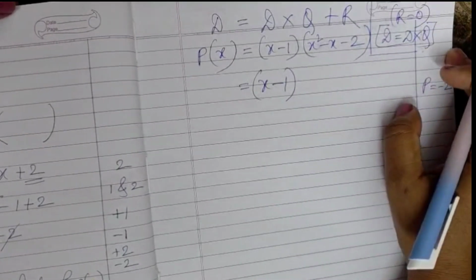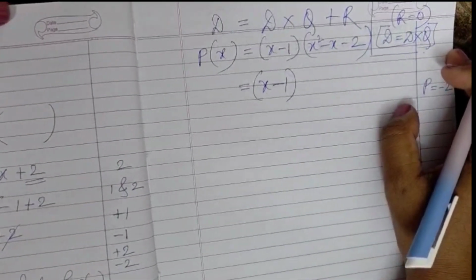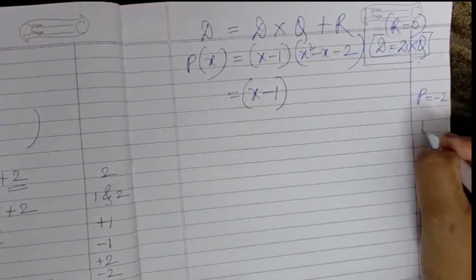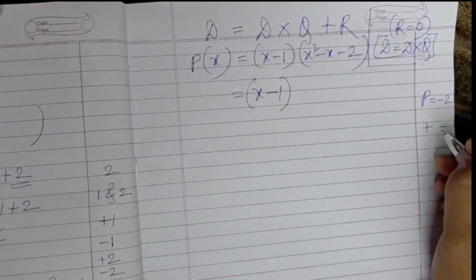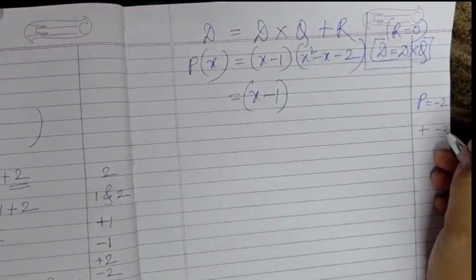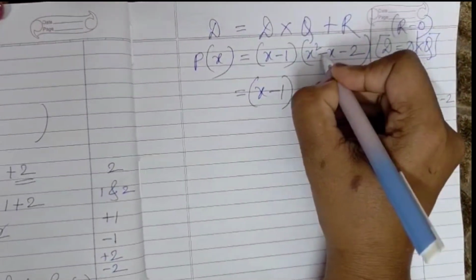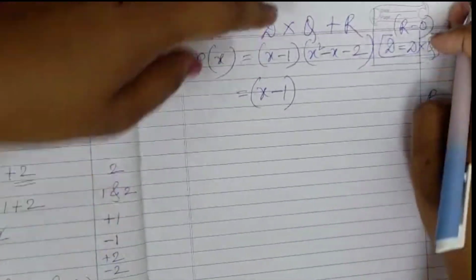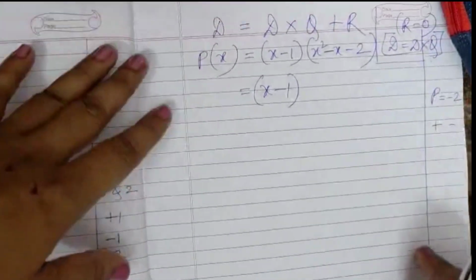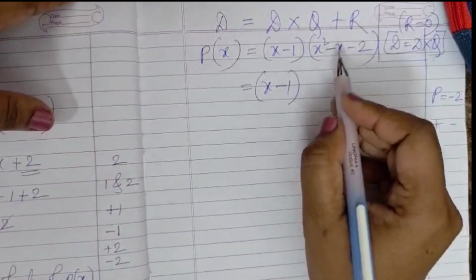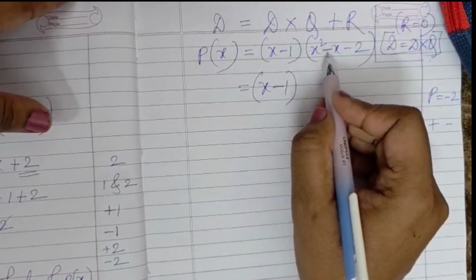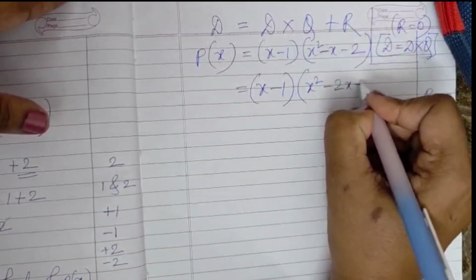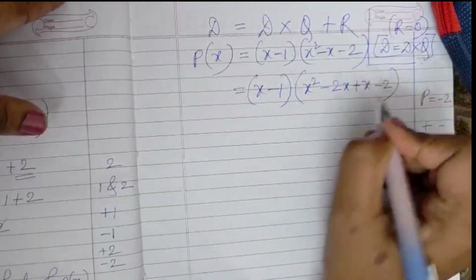So now you have to think of two numbers whose product is negative. So definitely the two numbers must be with two different signs, plus and minus. The greater number will have the sign of the middle term. Understood? So definitely 2 ones are 2, because 2 minus 1 is 1 here, and here the 2 will have this minus sign. Understood? So x square minus 2x plus 1x minus 2.